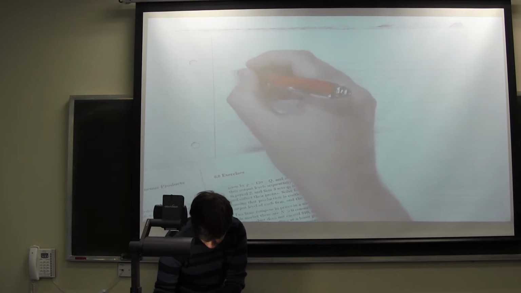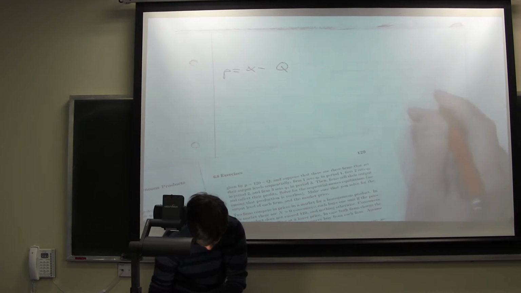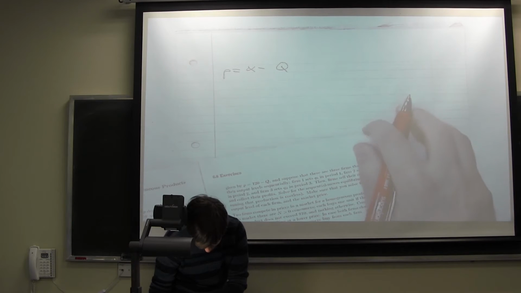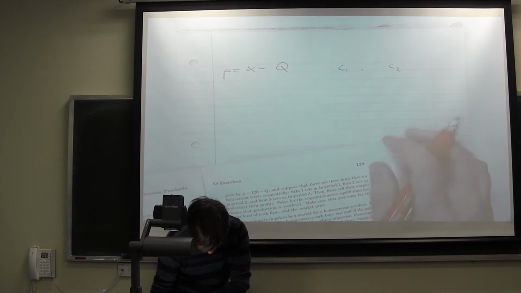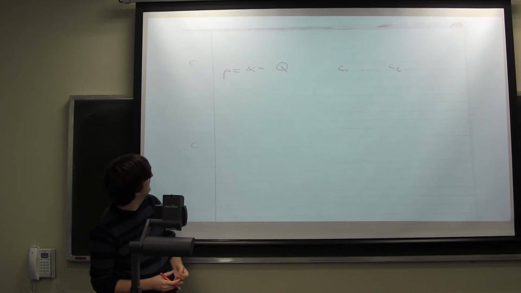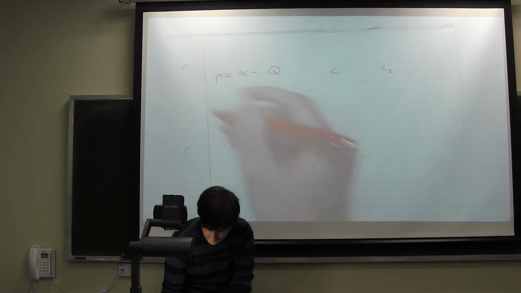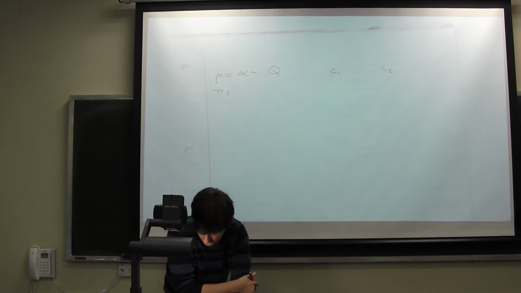Okay, so the problem has price equal to alpha minus q. Firms have constant marginal cost of C1 and C2 respectively. Okay, everything else is fine. So profits for firm 1, it's really just the same thing over and over again.